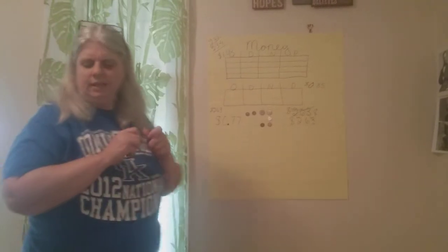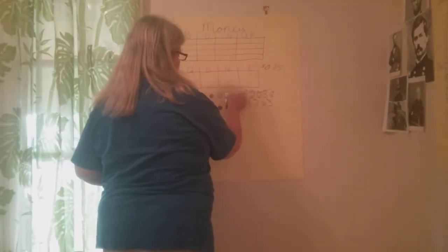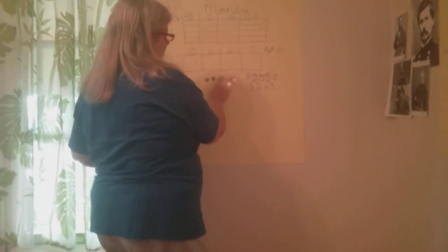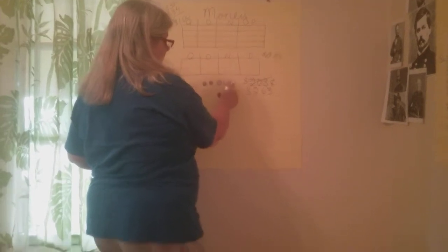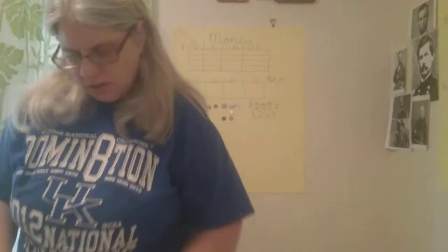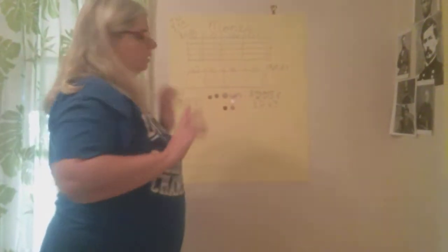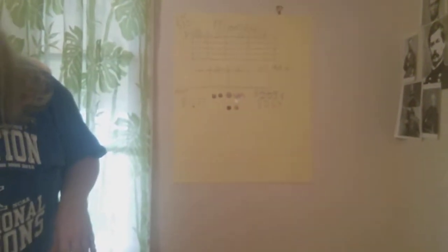All right, let's look at number 3. How you doing, guys? Okay, so number 3, we need 3 quarters. These quarters, they keep popping up and down. 3 quarters. 1, 2, 3, 25, 50, 75. Remember, that's how we count quarters. 2 nickels. So we need to add a nickel.